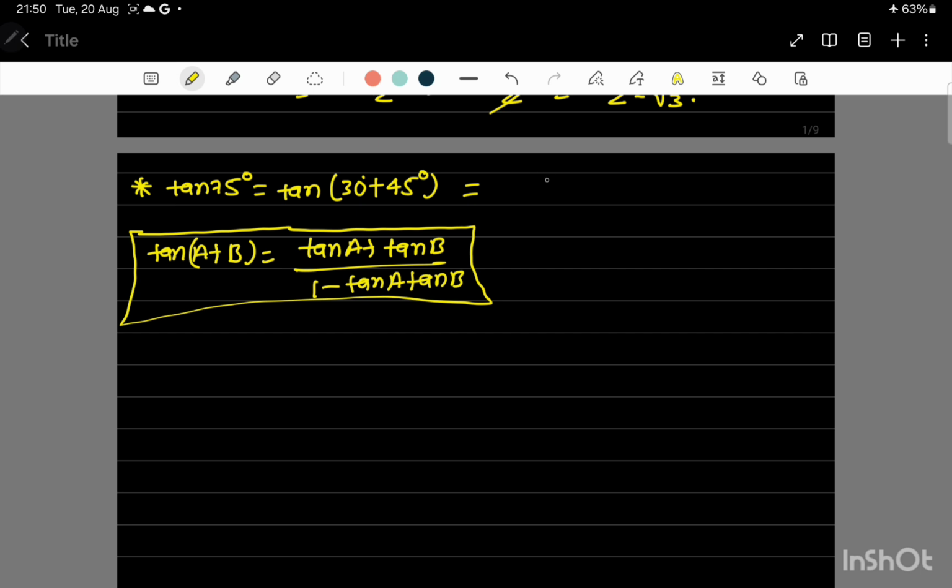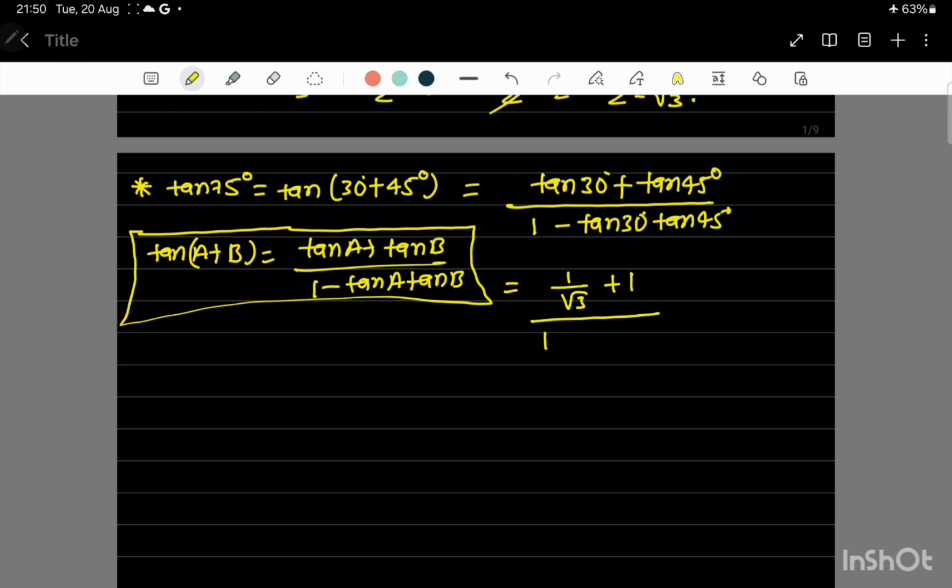So tan 30 degree plus 45 degree is tan 30 plus tan 45 degree divided by 1 minus tan 30 degree into tan 45 degree. So we know that tan 30 degree is equal to 1 by root 3, and tan 45 degree is 1. So 1 by root 3 plus 1, divided by 1 minus 1 by root 3 into 1.